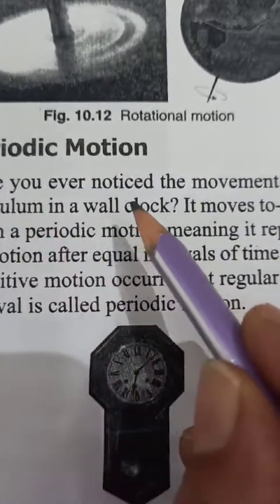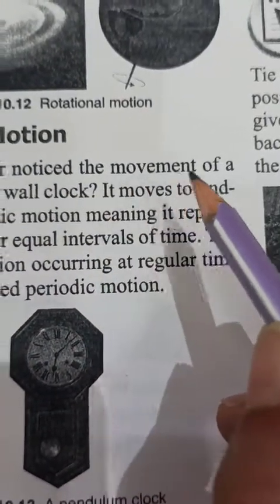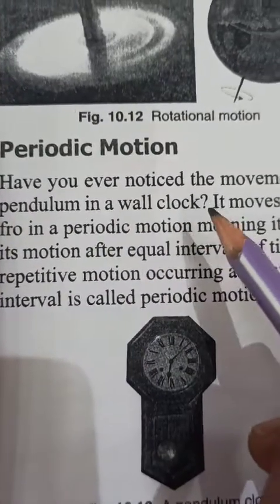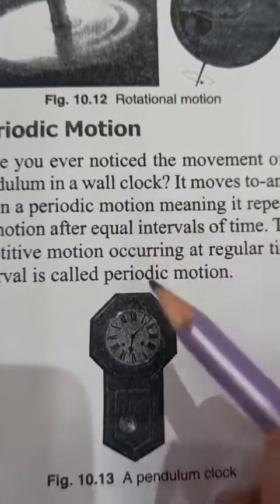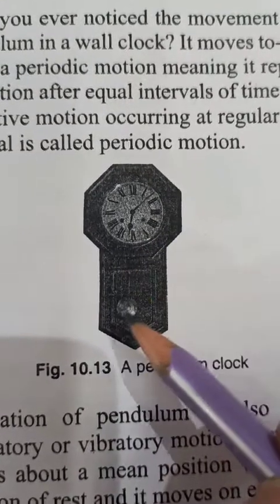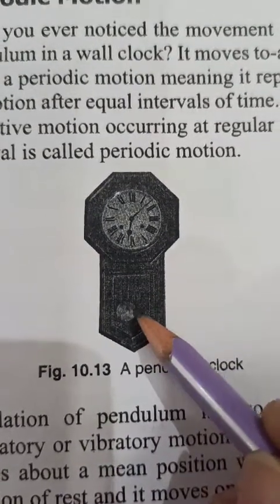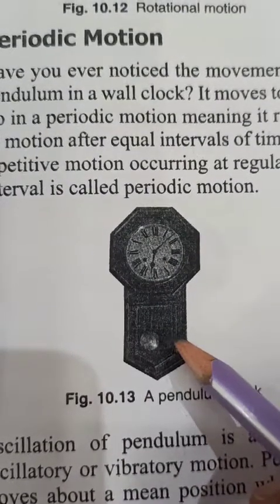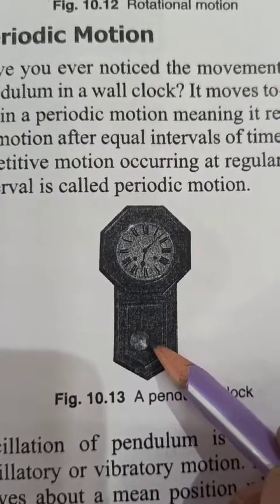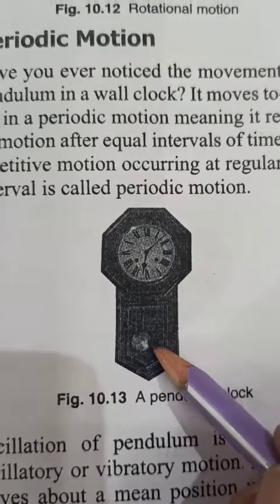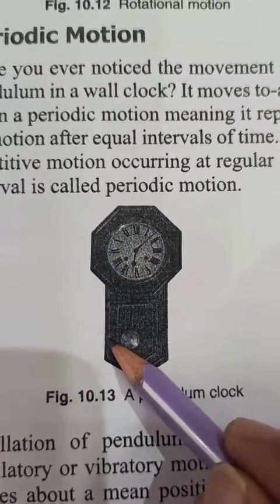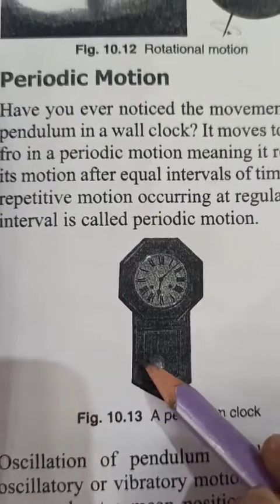Have you ever noticed the movement of a pendulum in a wall clock? Children, this is called a pendulum and this is a wall clock, and when this pendulum moves, it moves from the center resting position towards right and after that towards left, okay.